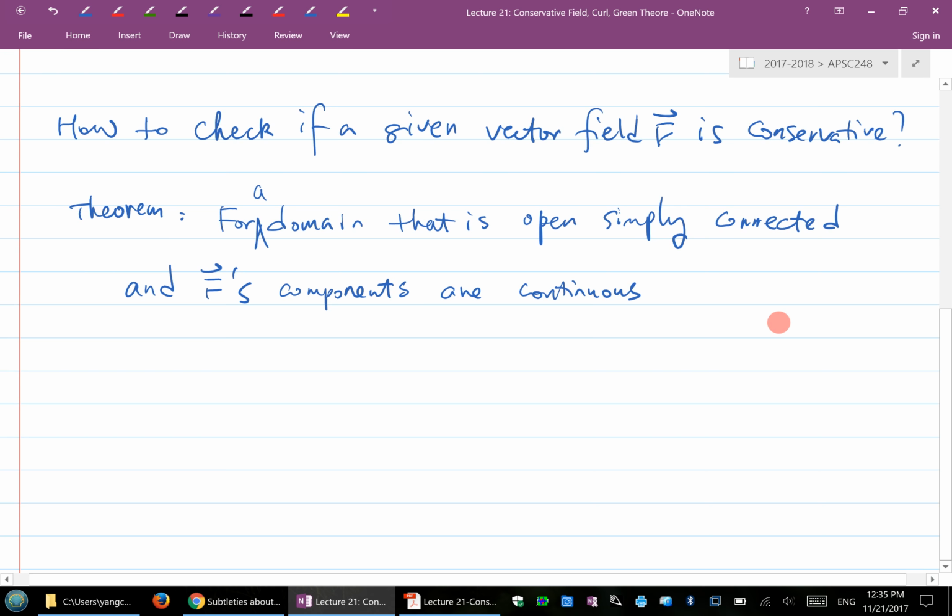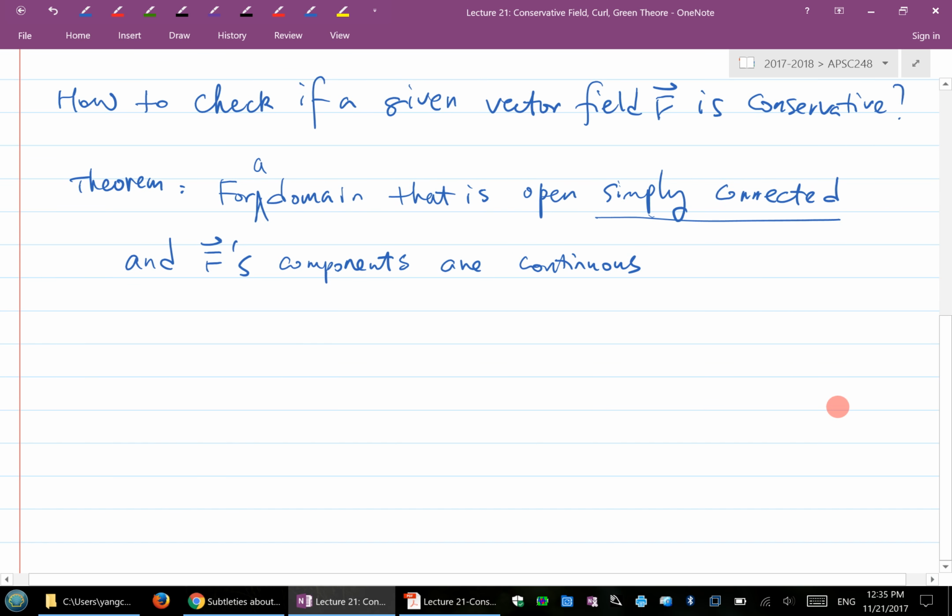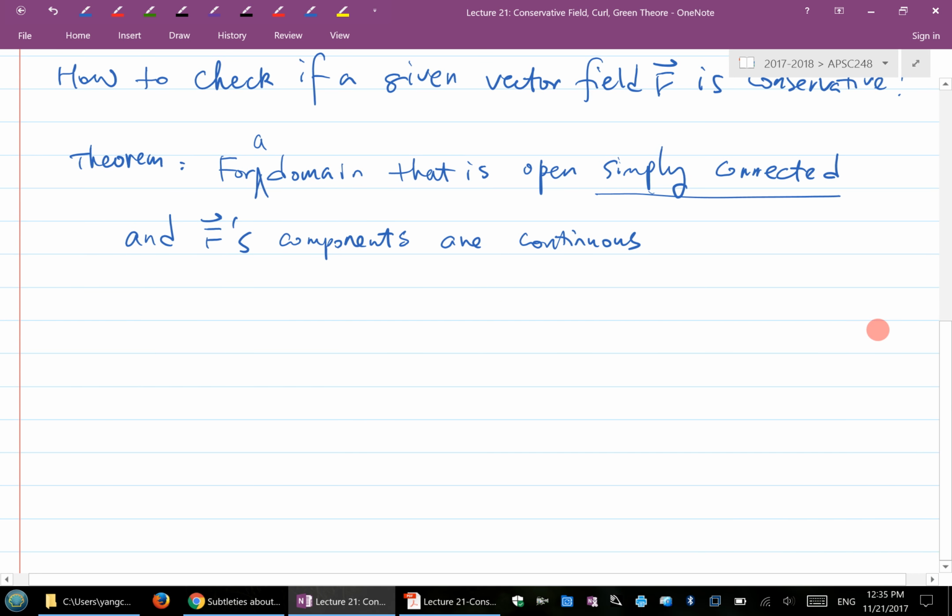Simply connected is a very mathematical word. It basically means not a twisted type of domain. For example, a sphere is a simply connected type of domain. And the function F is basically a vector function. If I use 3D as an illustration, this is your function F, and there are 3 components.